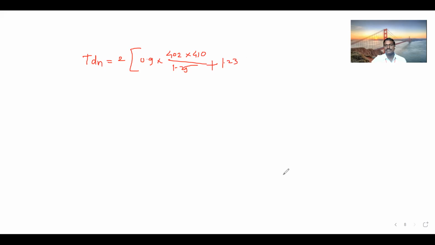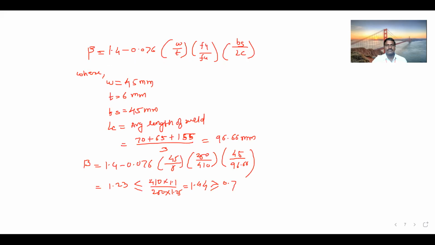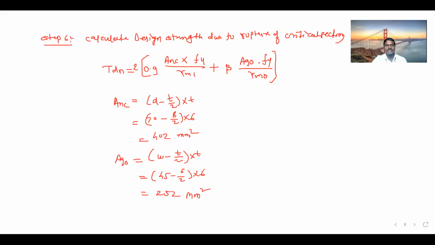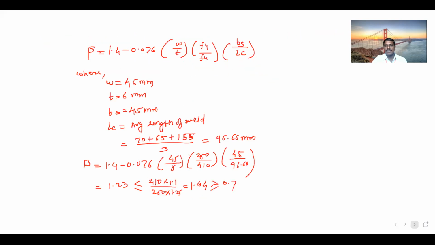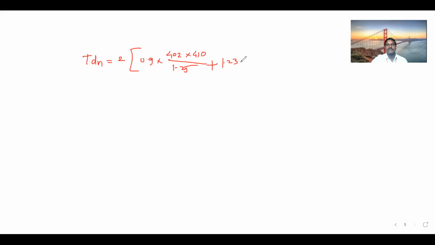How much is AGO? AGO is 252. 252 into FY is 250 divided by 1.1. So how much is this value? 378.23.